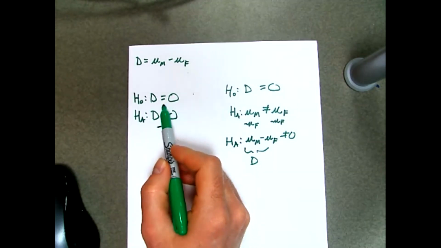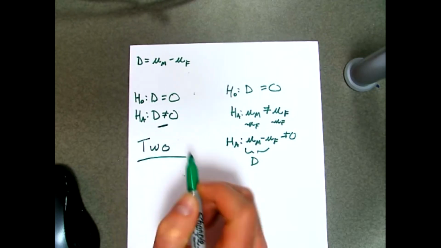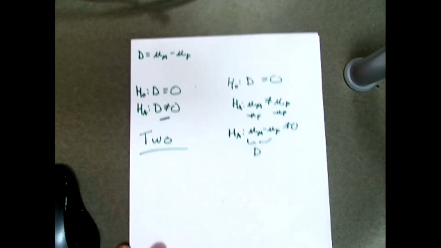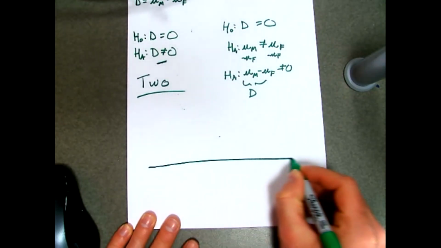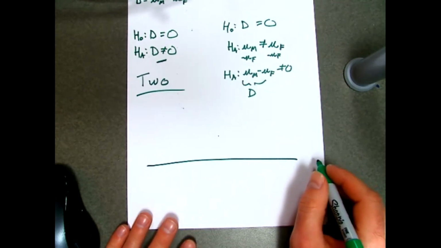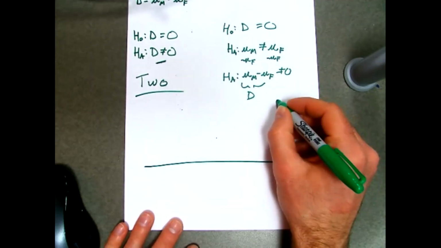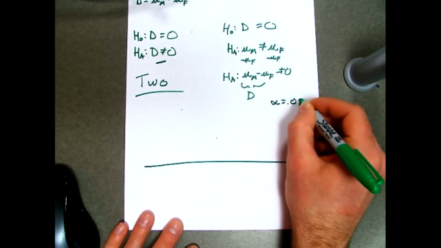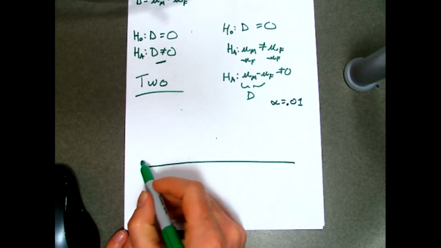Evidence on either side goes against the null, so I've got a two-tailed test. So the first thing that we could do is find our critical values. I can't remember the next question. I believe the alpha is 0.01, but we'll double check that in a second.